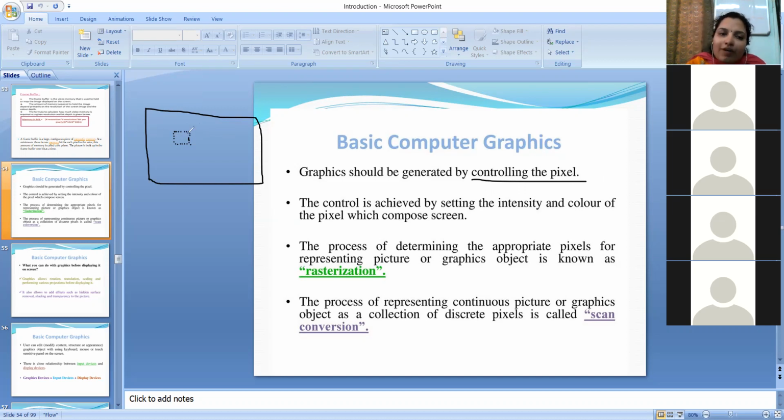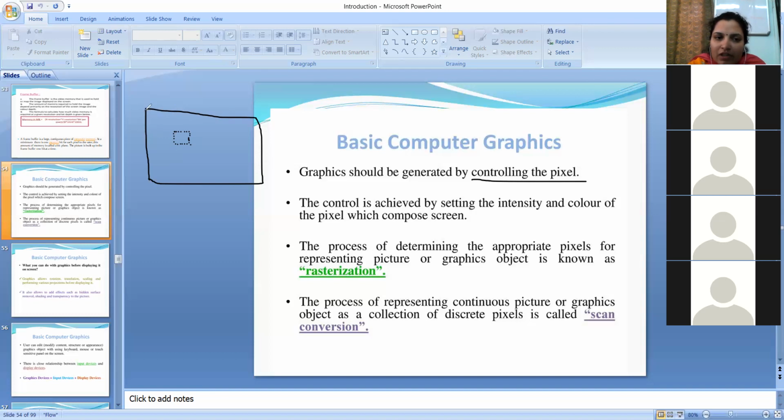Now, while drawing this square, the path for drawing the picture is always followed in a raster way. So what is meant by raster way? It starts with the top left corner of the screen, and it goes on scanning the screen till it reaches the rightmost element.